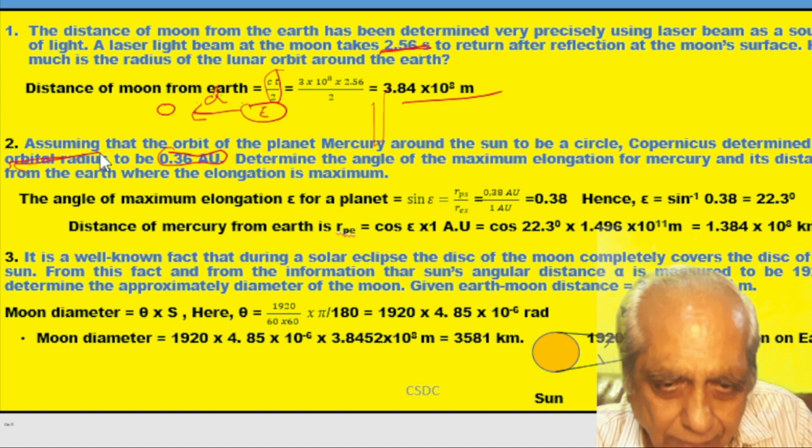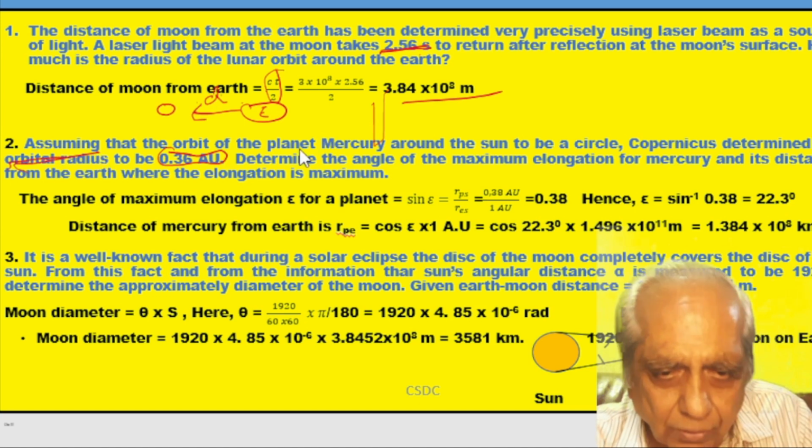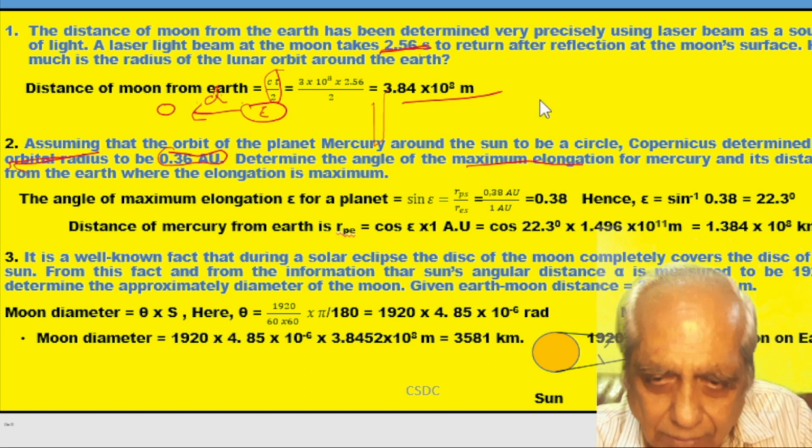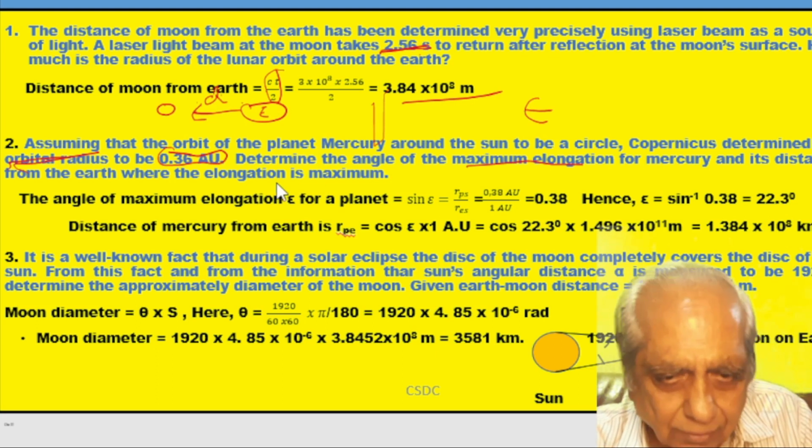It means distance of the planet from the sun. We have to find the maximum elongation, that is epsilon naught, and the distance from the earth also.